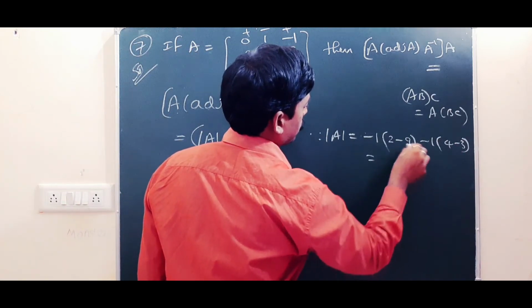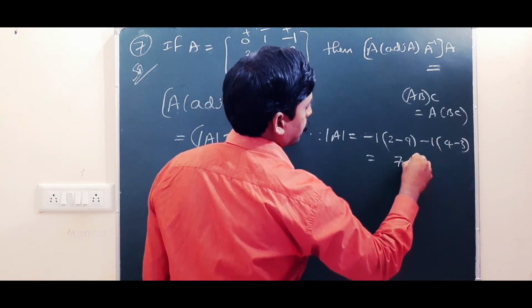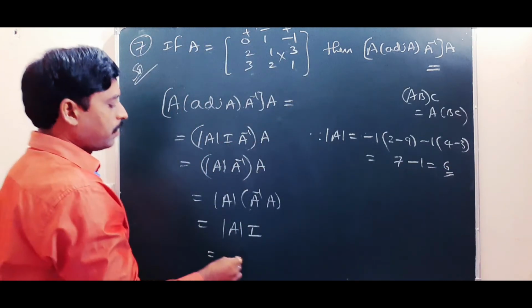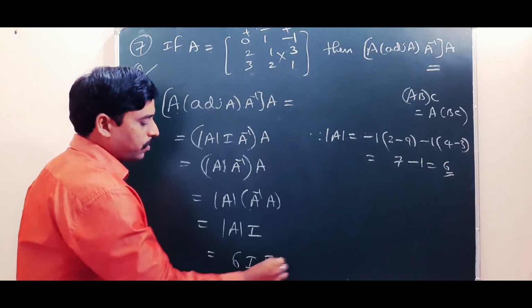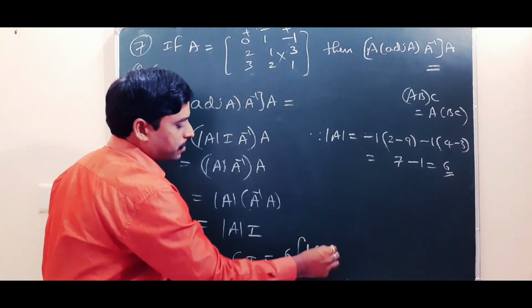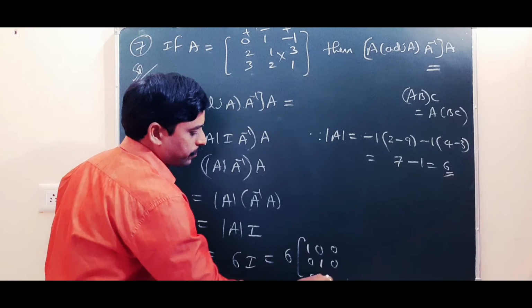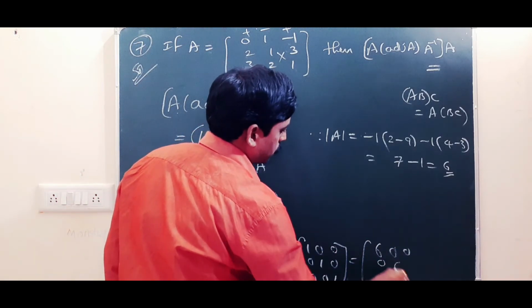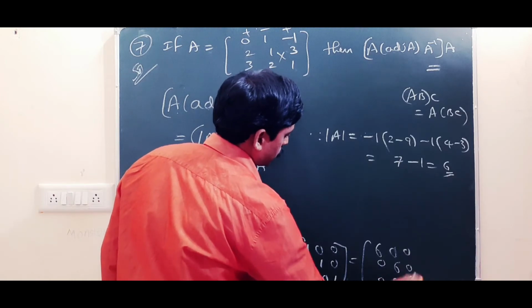It is going to be 7 minus 1, that is 6. So the determinant of A value is 6 into I, which is 6 times the unit matrix. So what is the answer? 6 0 0, 0 6 0, 0 0 6.